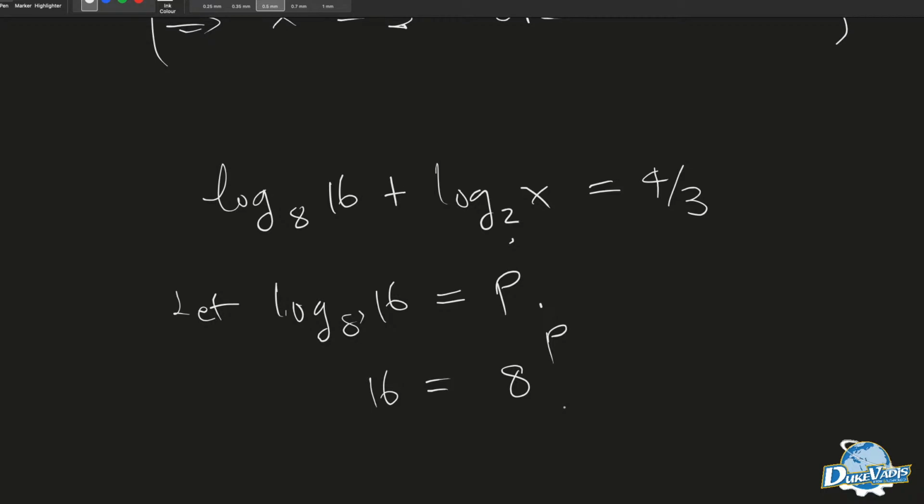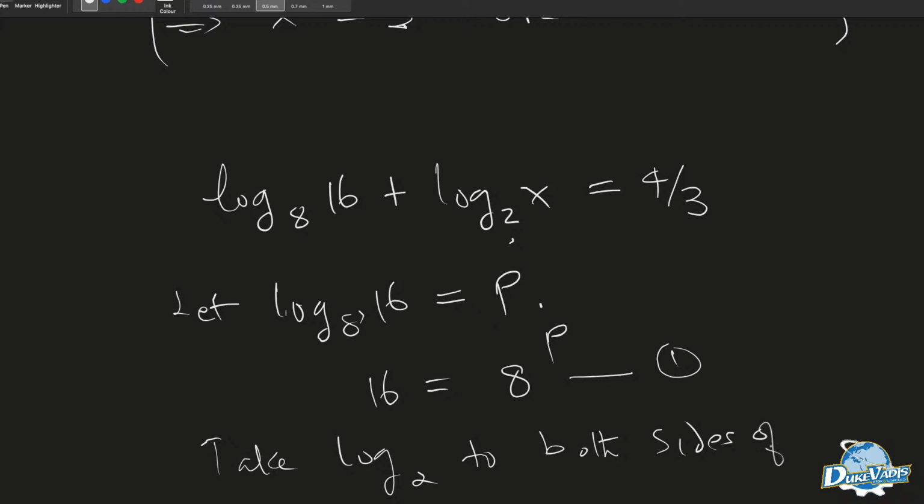Then we can take log base 2 to both sides of the equation.